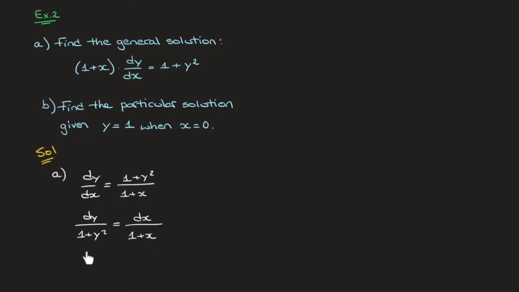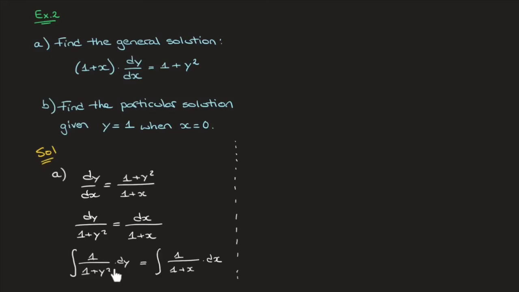And so we integrate the left-hand side with respect to y and the right-hand side with respect to x. In other words, we can now state that the integral of 1/(1 + y²) dy equals the integral of 1/(1 + x) dx.